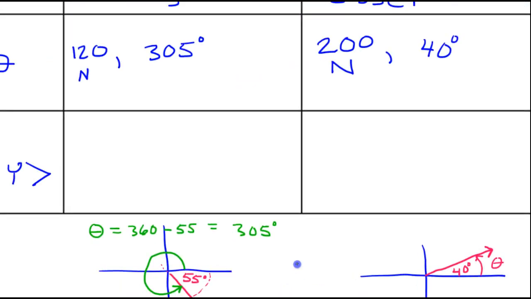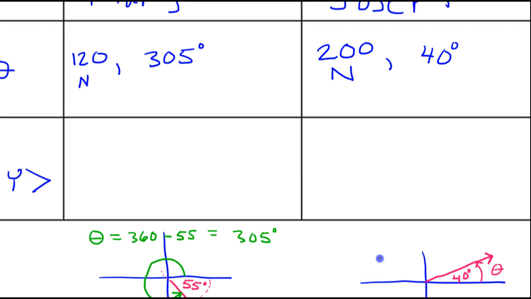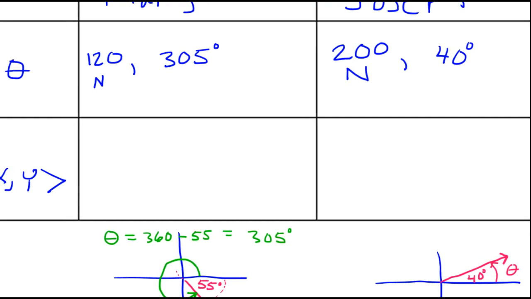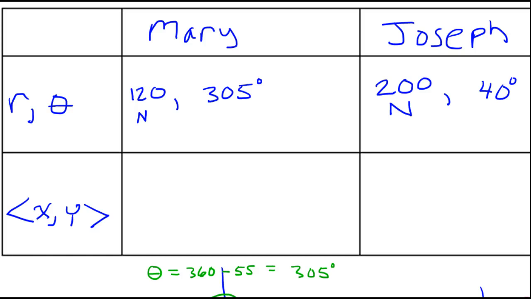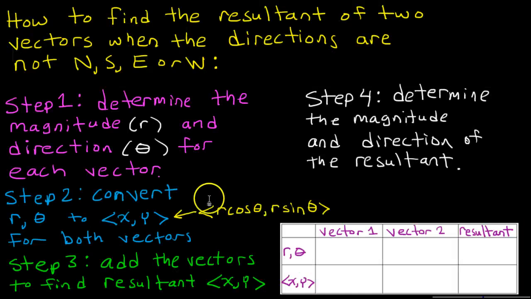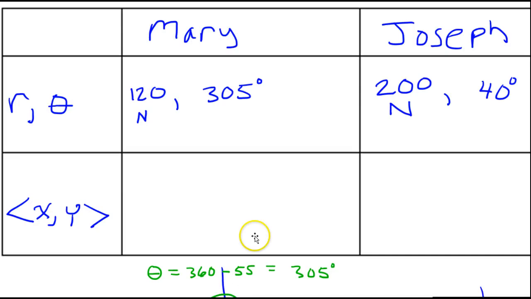Okay, so we have just completed step 1. Let's take a look back and see what we've done. Step 1, we wanted to determine the magnitude and the direction for each vector. And as you can see, we have the magnitude and the direction for Mary and for Joseph, their forces.